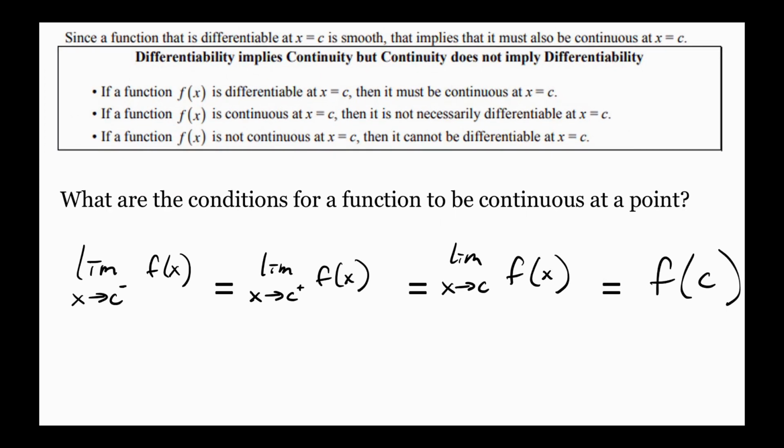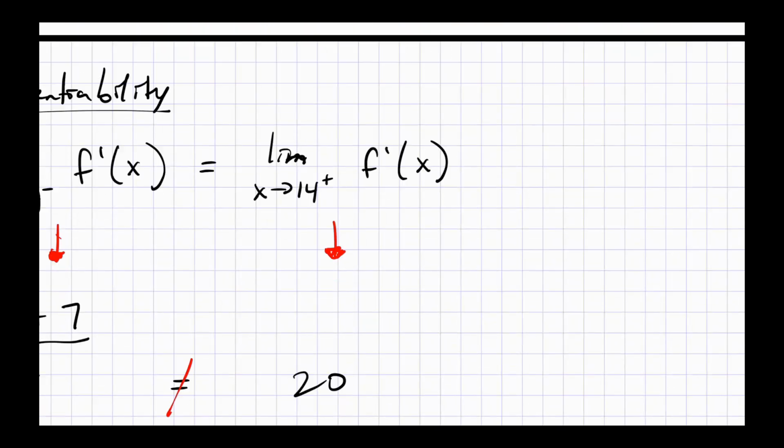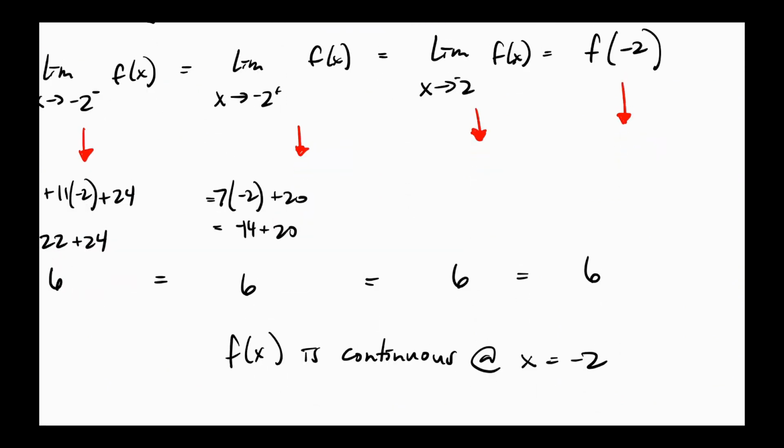Which one of those dots says I don't need to check for continuity or differentiability? Number 3, the third one. If it's not continuous, there's no way it can be differentiable. So you just write that in after the problem, after you've shown that it's not continuous.